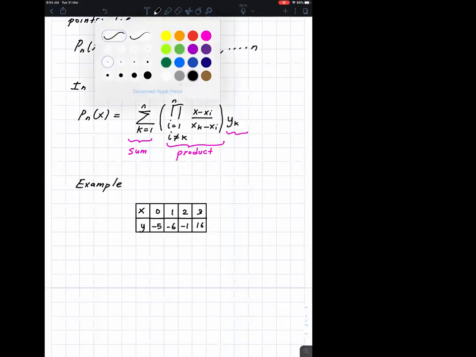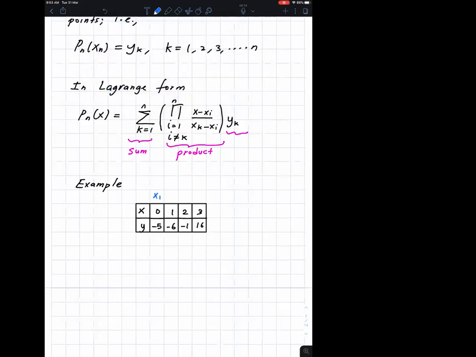Let's call these points x1, x2, x3, and x4. The number of data points n is equal to 4.